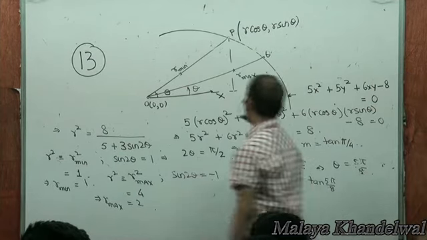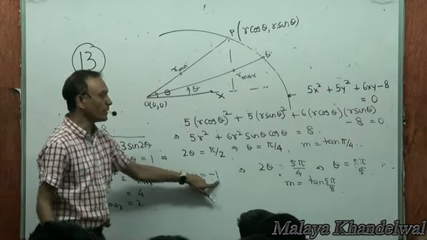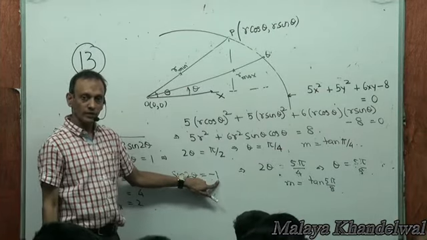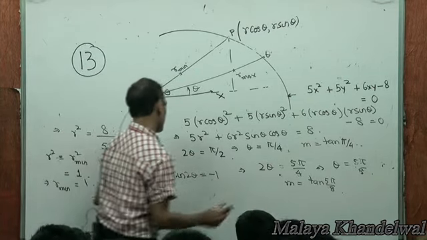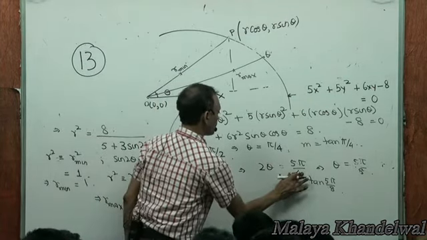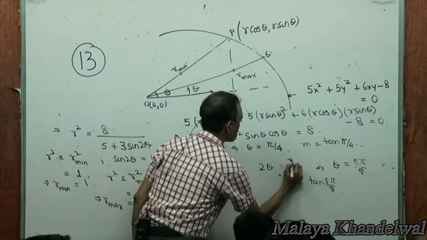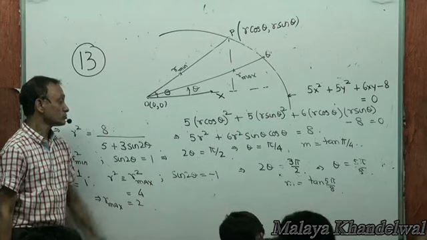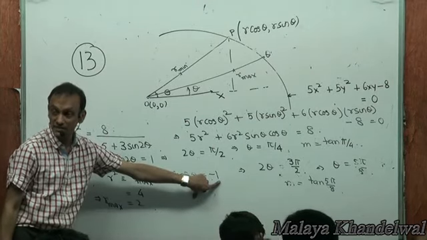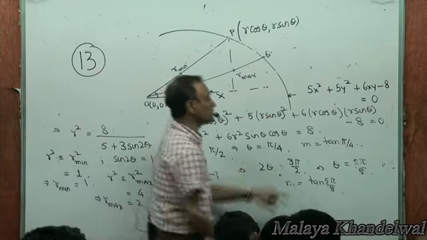And similarly for sin 2 theta equal to minus 1, 2 theta would be 3 pi by 2, so that sin 2 theta becomes minus 1. Therefore theta would be 3 pi by 4.